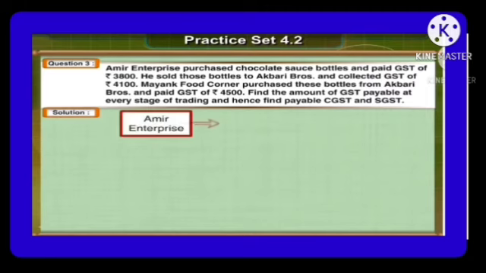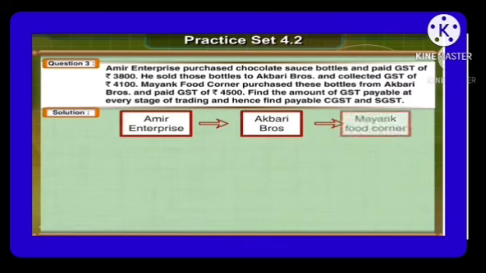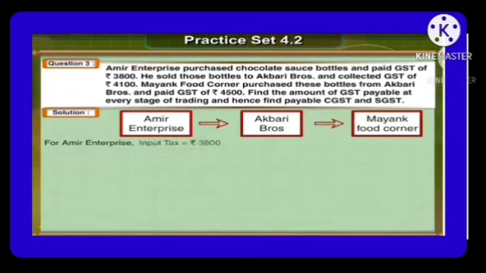These are the trading chain: Amir Enterprise, Akbari Bros and Mayank Food Corner. For Amir Enterprise, input tax is rupees 3,800 and output tax that is collected from Akbari Bros is equal to rupees 4,100.